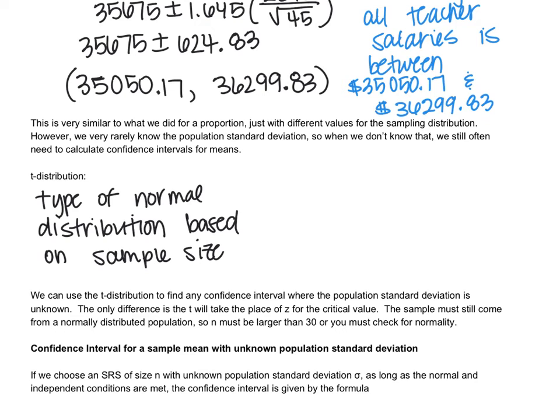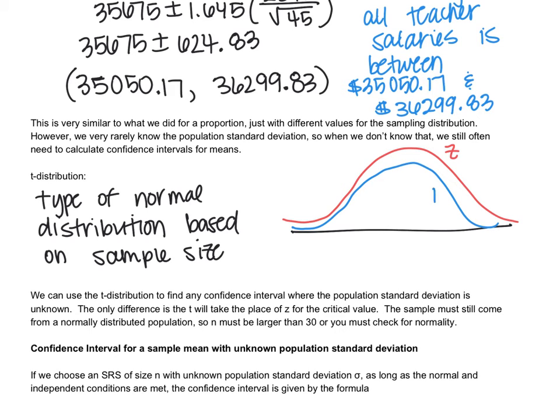If we're looking at our curves, our Z curve is based on the population, but the T curve is based on the sample. So it's not going to look like the same normal curve.